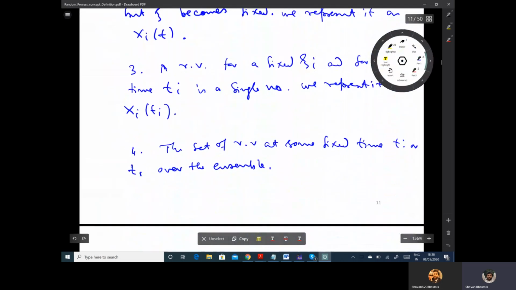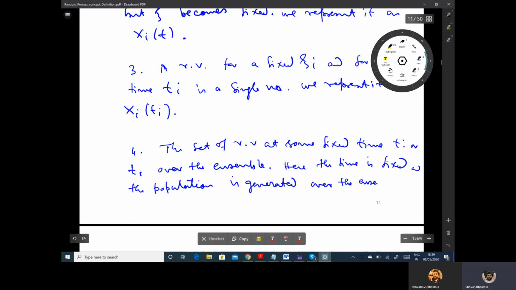So number 4 is the set of random variables at some fixed time t_i or t1 over the ensemble. Here the time is fixed, and the population is generated over the ensemble.